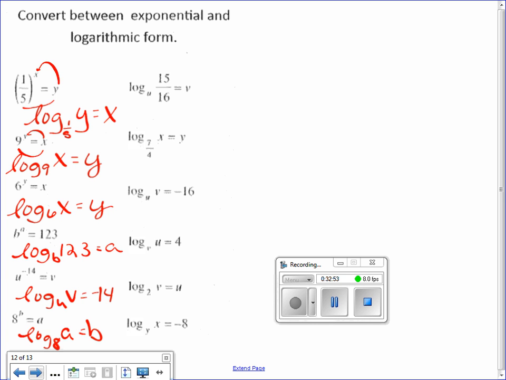Questions on switching from exponential to logarithmic? Okay, going the other way, again, I think is probably easier for you. Loopy swoopy. So u to the... sorry, bad copies. All right, loopy swoopy.